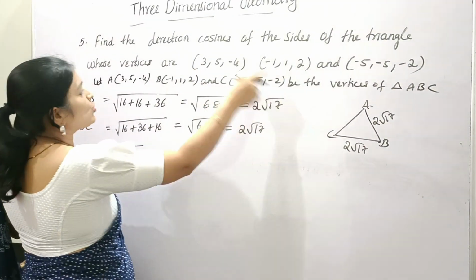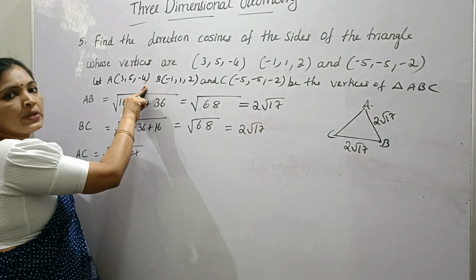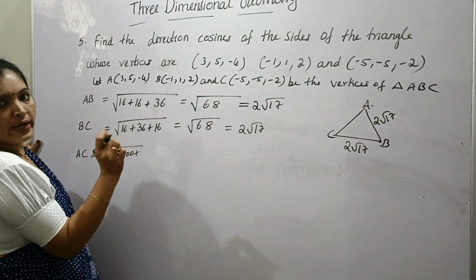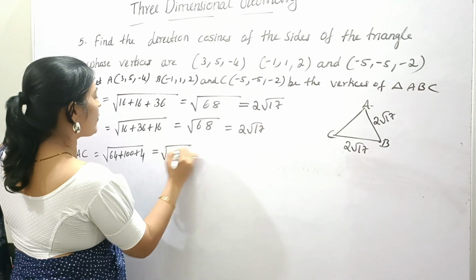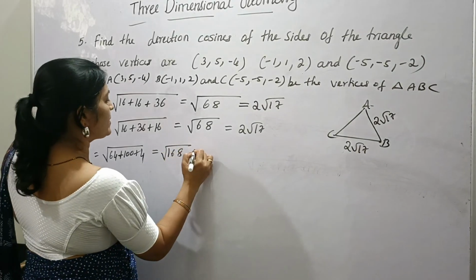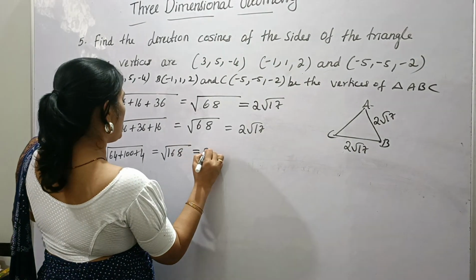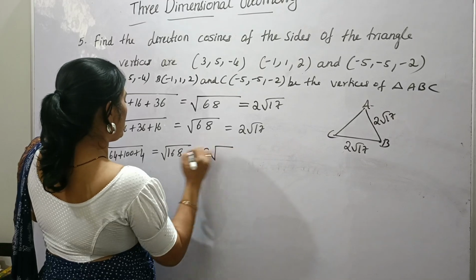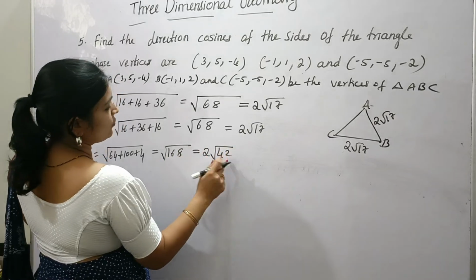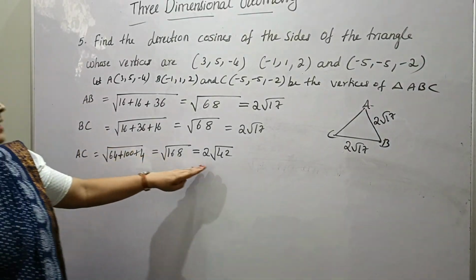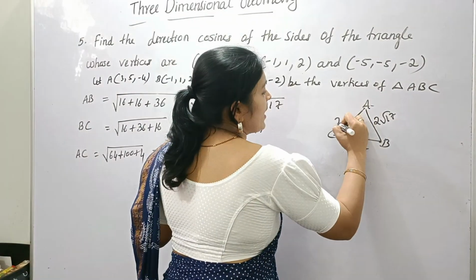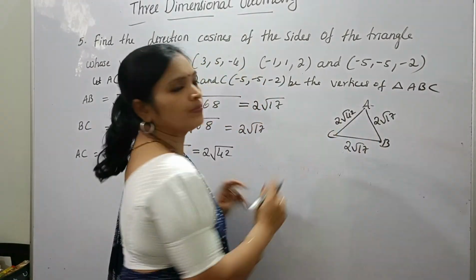Plus minus 2 minus 4, that is plus 2, square 4. That is equal to root of 168, that is 2 root 42, since 42 into 4 is 168. So the length of AC is 2 root 42.